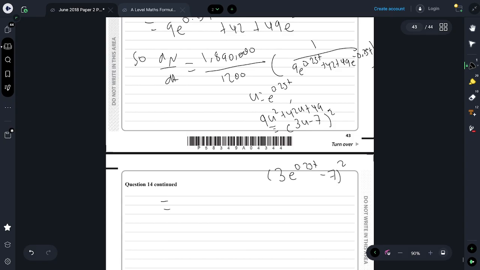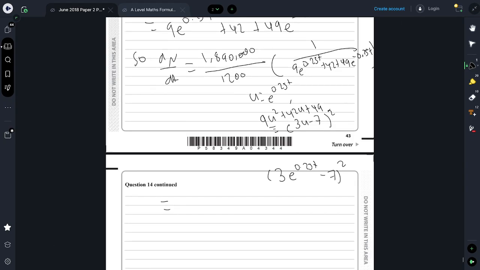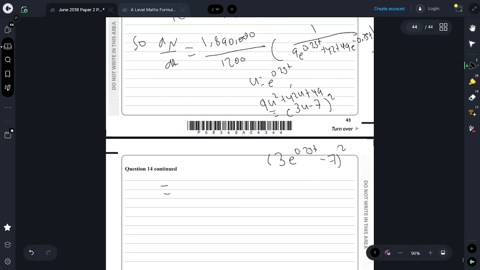This denominator here, and you can check this, is the same as this hidden quadratic with u as e to the 0.25t. But would this help is my question. Well, yes, it does actually.